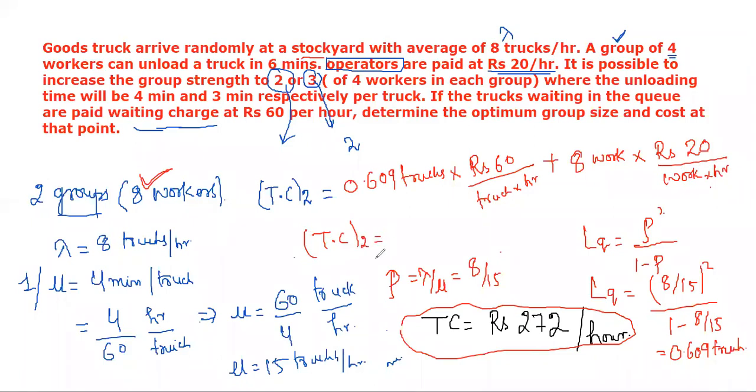Total cost in the second case, how much will it be when we have two groups, that is when we have 8 workers working?